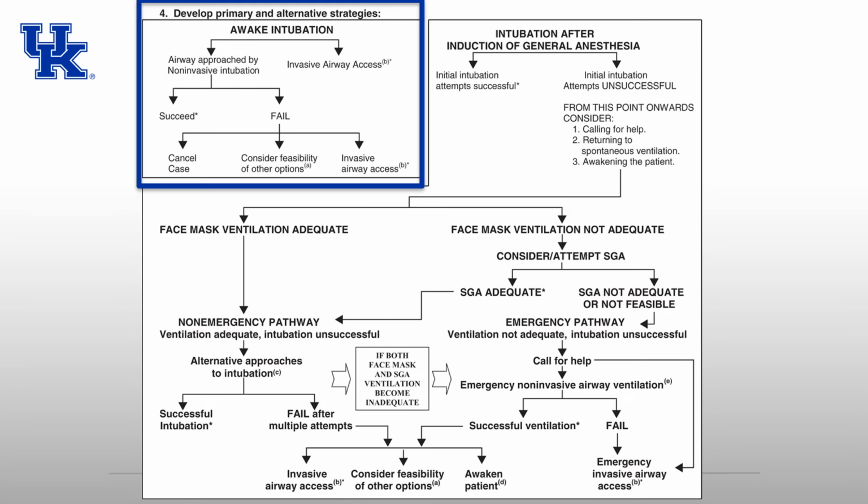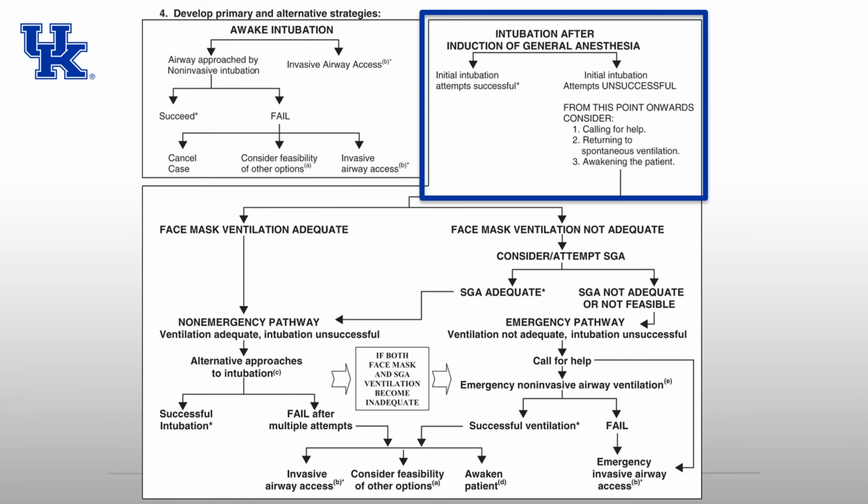If you are unable to secure the airway while the patient is awake via non-invasive mechanisms, your choices at that point are to either cancel the case, consider the feasibility of other options, or decide to go to invasive airway access. This is when we start thinking about perhaps doing an awake trach. You would want other services present in order to help with that. But if you're unable to get the airway while the patient's awake, cancel the case, consider other options, or consider if an invasive airway is going to be needed.